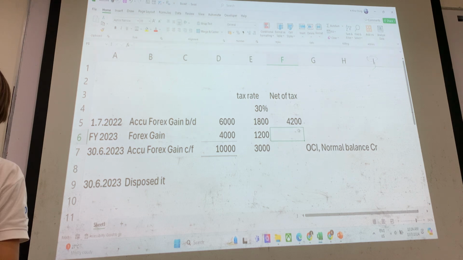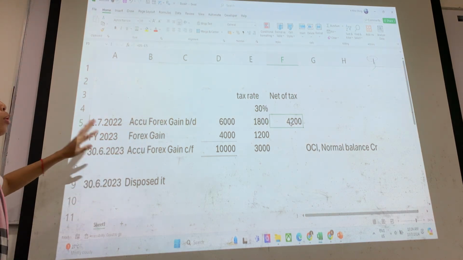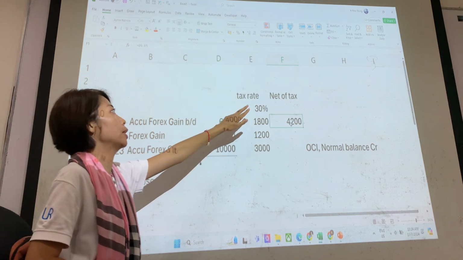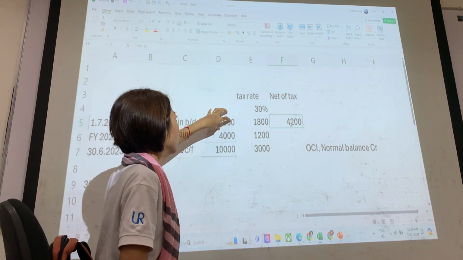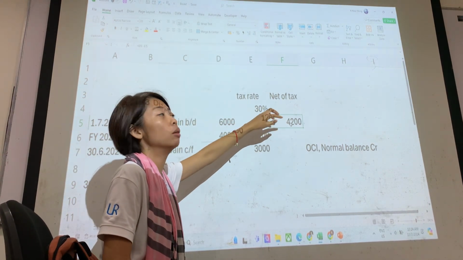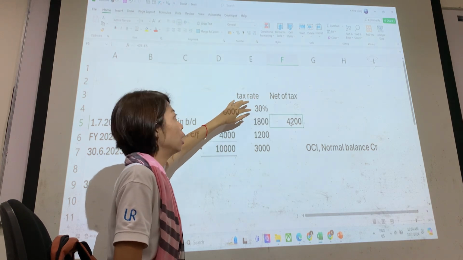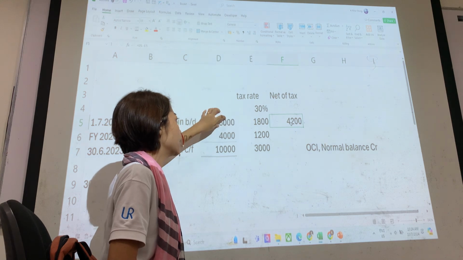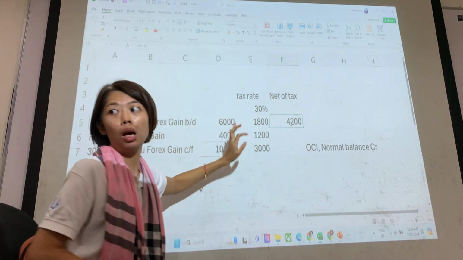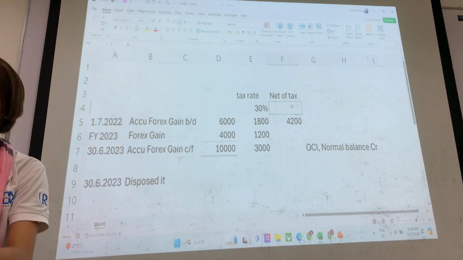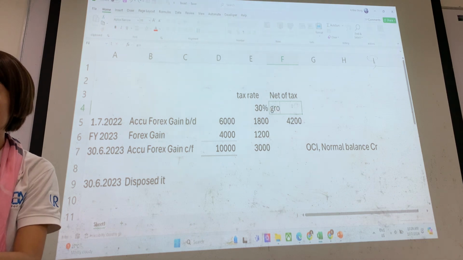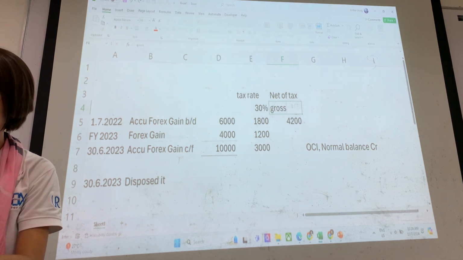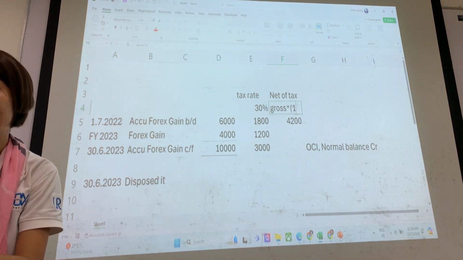And you remember I told you we can do it faster, right? Because next time we always do net of tax. So if your tax rate is 30%, net of tax will be the gross amount times 0.7, I mean 1 minus 30%. If your tax rate is 20%, then your net of tax is this amount times 0.8. So net of tax is actually the gross amount times 1 minus the tax rate.